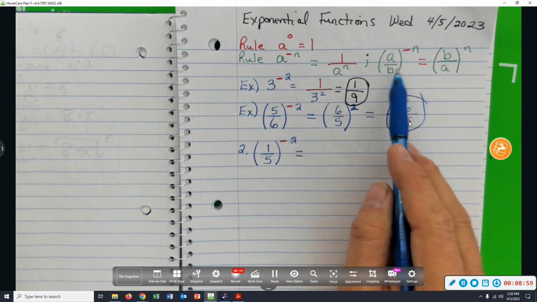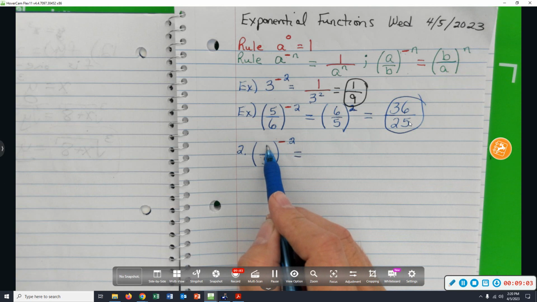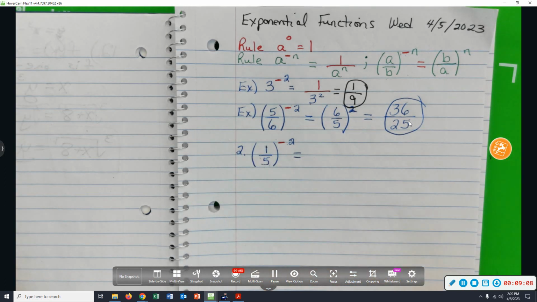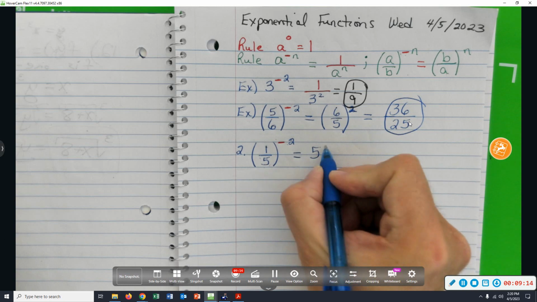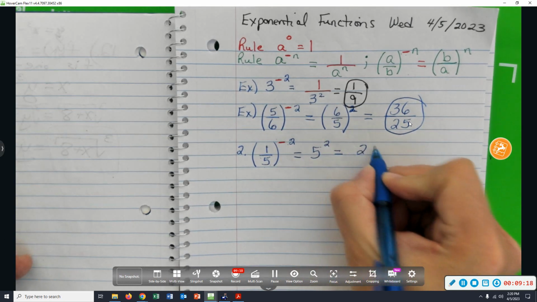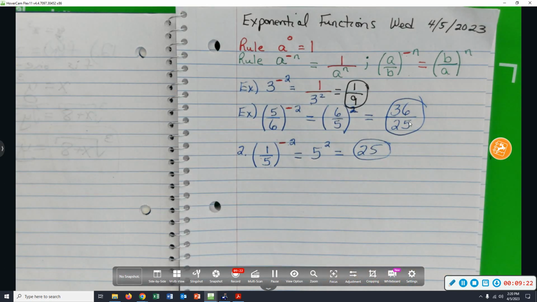So using this rule right here, flip the 5 over 1. Flip the 1 over 5. And you get 5 over 1. But do I need to really write it as 5 over 1? You could just write it as 5 squared, which is 25. So 1/5 to the negative 2 power is 25.